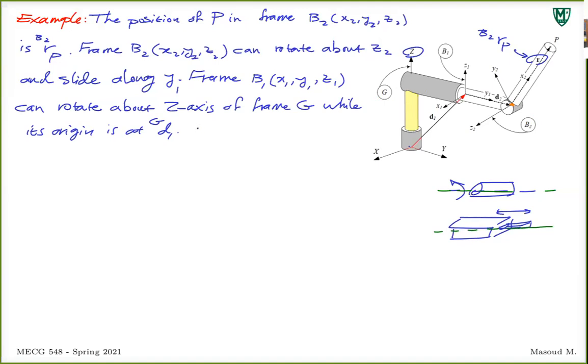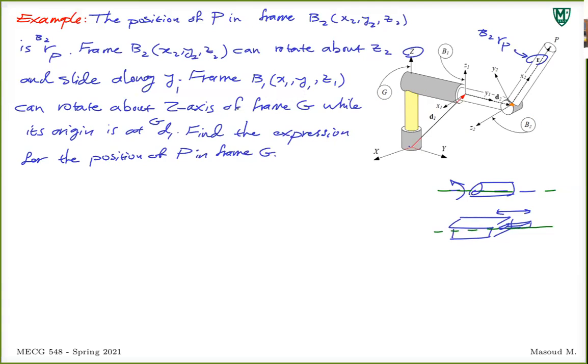Now, what we want to do, let me get the following statement right. Find the expression. We are not really given that much information. We just want to represent it in general form. Expression for the position of P in frame G. So we're pretty much describing what's going on there.